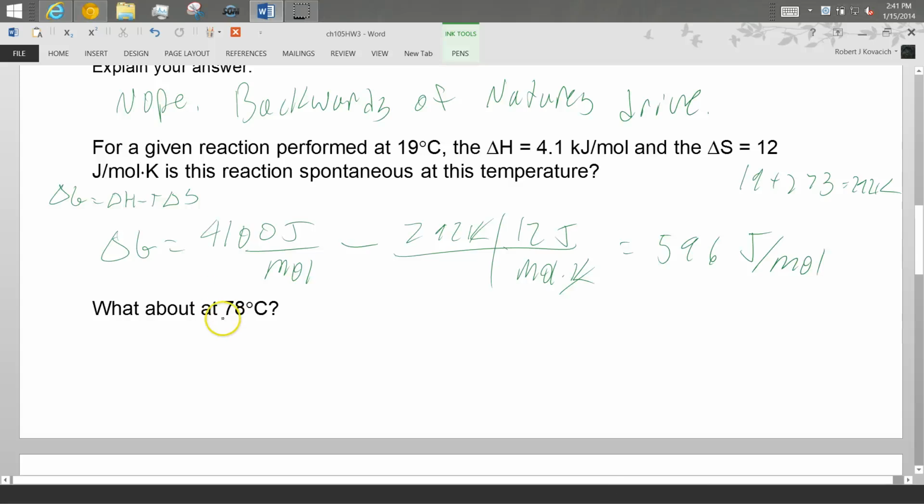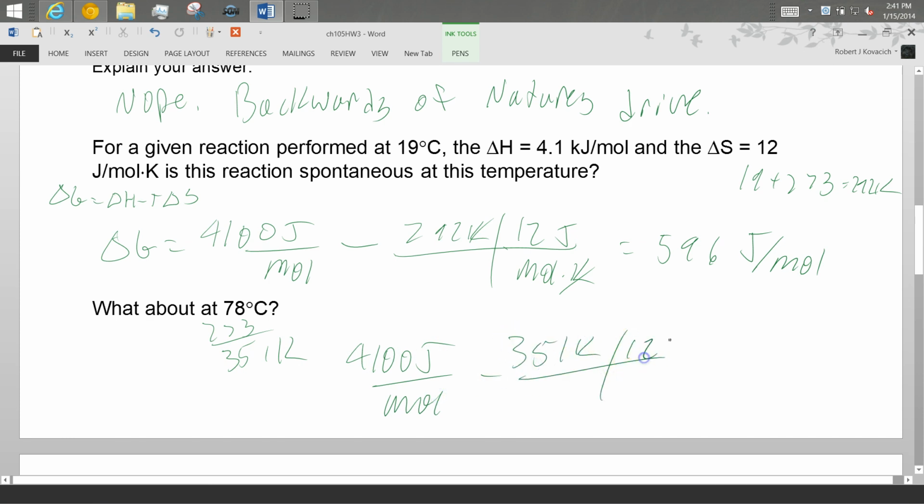So let's do the second one here. I'm going to add 273 to this, 351 Kelvin this time. So we'll do the same thing: 4,100 joules per mole minus, this time, 351 K and 12 joules per mole Kelvin. Kelvins cancel.